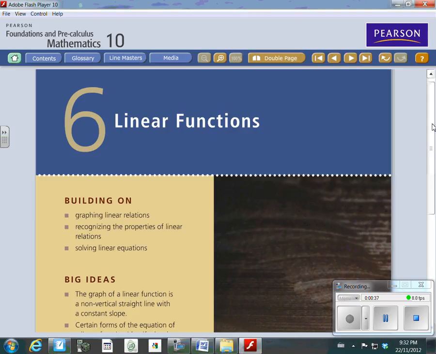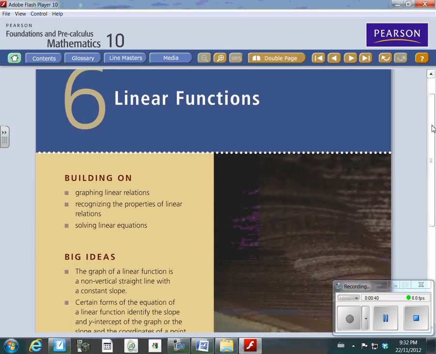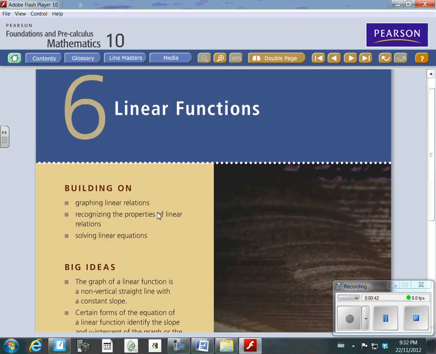Okay, welcome back, class. We are going to work on this unit on linear functions, and the concepts we're going to build on are some of the work that we did in grade 9 with graphing lines. Linear relations is a mathematical term for graphing of lines.